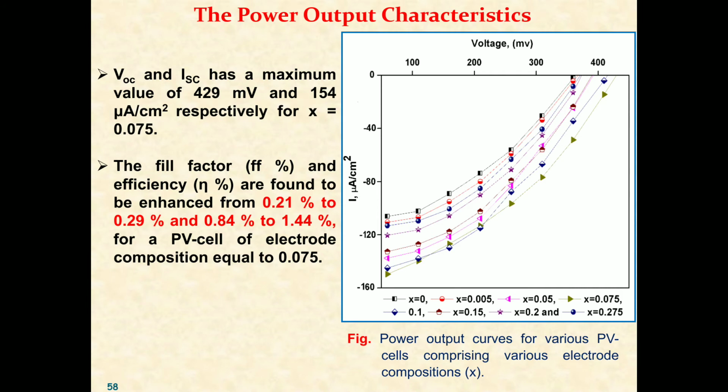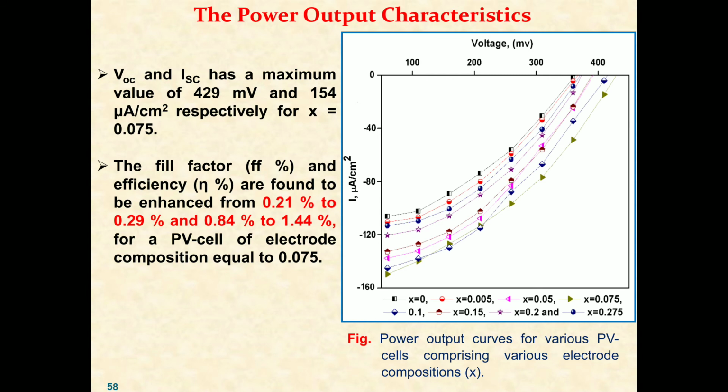IV characteristics shift into the fourth quadrant. From the power output curve, it is seen that VOC and ISC have maximum values of 429 millivolt and 154 microampere per centimeter square respectively for x equal to 0.075.